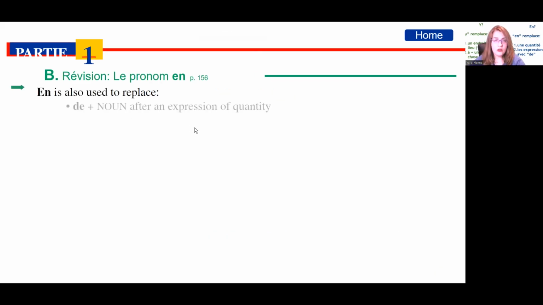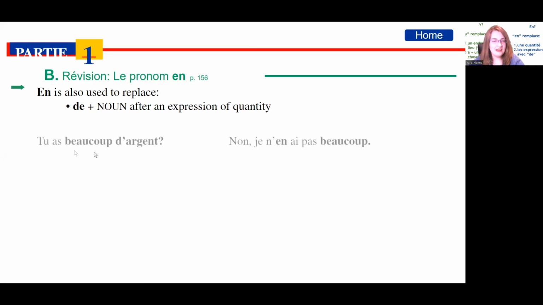En is also used to replace de plus noun after an expression of quantity. Here is an example. Tu as beaucoup d'argent? Beaucoup is an expression of quantity and it means a lot. Beaucoup should be followed with the preposition de. Non, je n'en ai pas beaucoup.